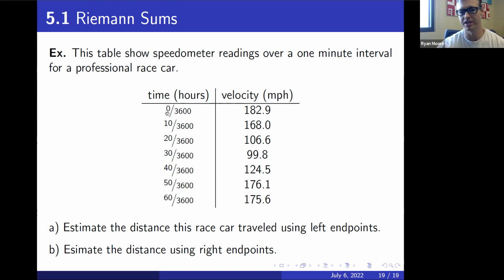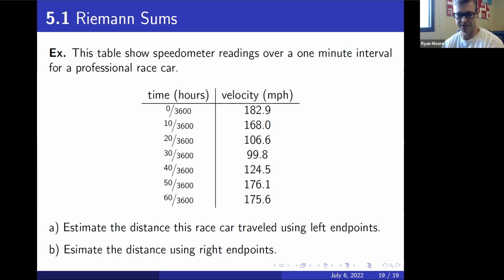So we'd say they started at 0 seconds and looked at the velocity of the car. It's in mid-race. Then they looked at 10 seconds and 20 seconds, all the way down to 60, and we can see the velocity of the car at those times. So it's decelerating, then accelerating again.